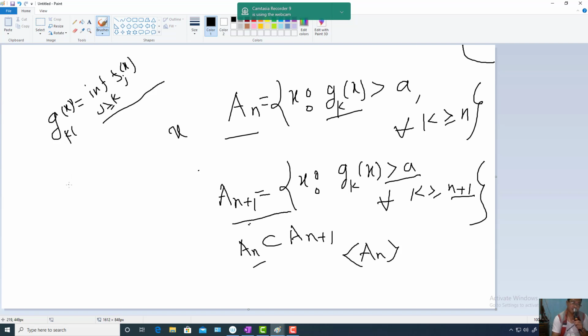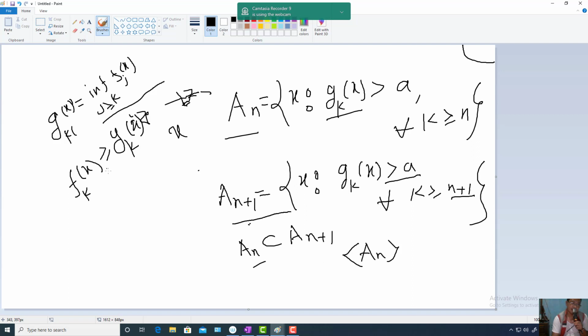So that means, suppose we consider this member, f_k(x), which is also a member starting from k. This is going to be greater than the infimum, the smallest one, g_k(x).